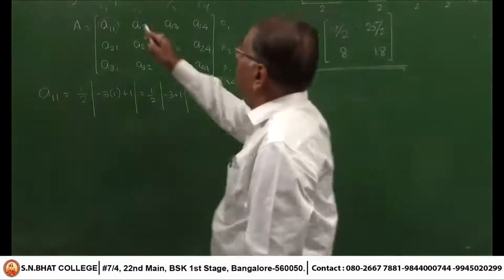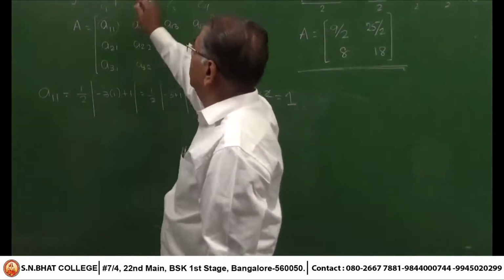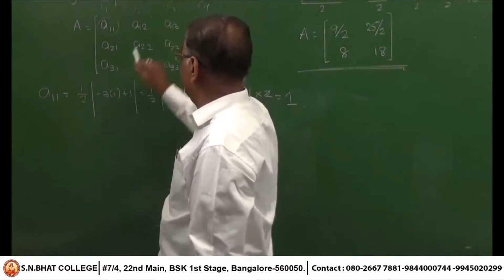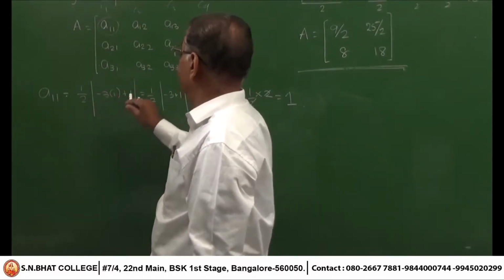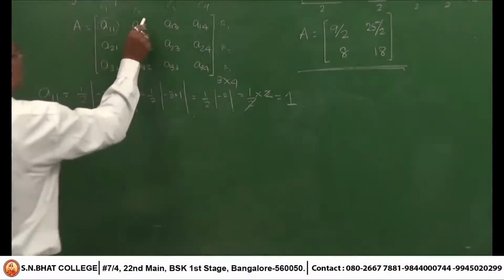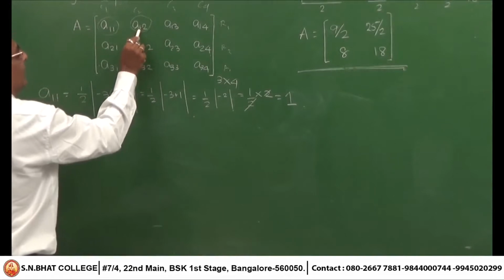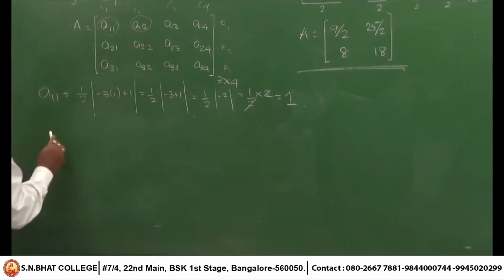Aij is given to be half into modulus of minus 3i plus j. A11 means replace i by 1, j by 1. The second element is A12. Replace i by 1, j by 2.